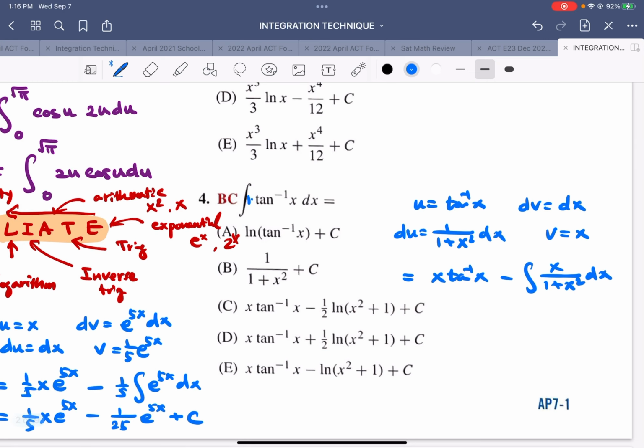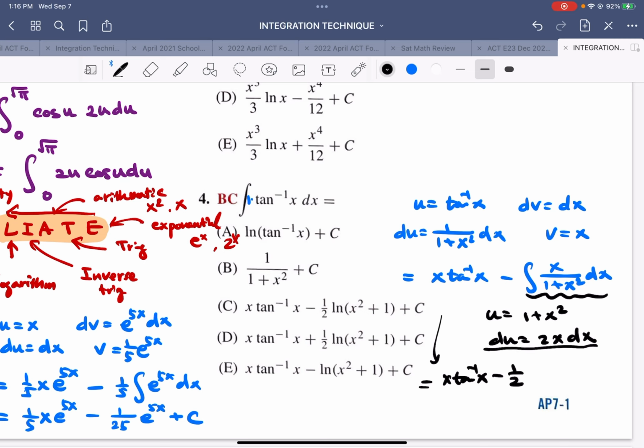So let's say u equals 1 plus x squared, then du equals 2x dx. So it will be x inverse tangent x minus 1/2, because when you divide by 2 from here, it's 1/2 du, and x dx is just du, and then this one over u.